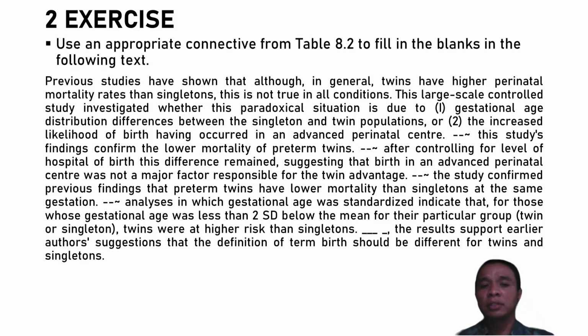This large-scale control study investigated whether this paradoxical situation is due to one, gestational age distribution differences between the singleton and twin populations, or two, the increased likelihood of birth having occurred in an advanced perinatal center.